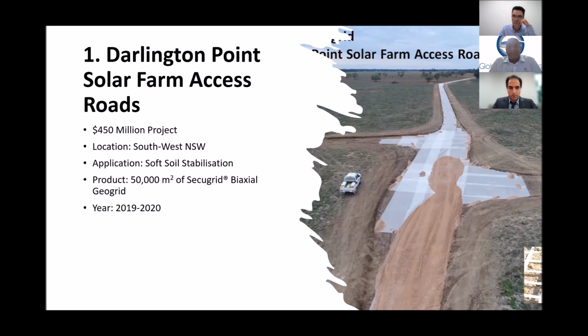The location was southwest of New South Wales, and this particular project was dealing with soft soil stabilisation. We supplied about 50,000 square metres of SecuGrid biaxial geogrid. The project went from 2019 and was open in 2020.